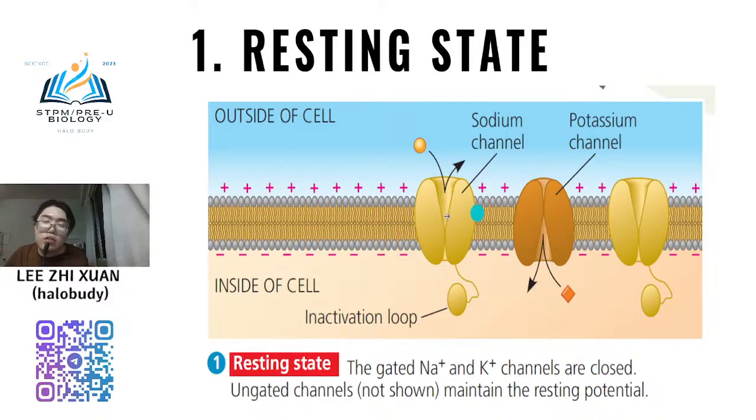Another type is the voltage gated ion channel, which can be closed and open. There are also 2 types, sodium and potassium. The sodium one only allows sodium ions to pass through, and the potassium one only allows potassium ions to pass through. So in the resting state, all the voltage gated channels are closed. All of them are closed, meaning the sodium ion cannot pass through and the potassium ion also cannot pass through.